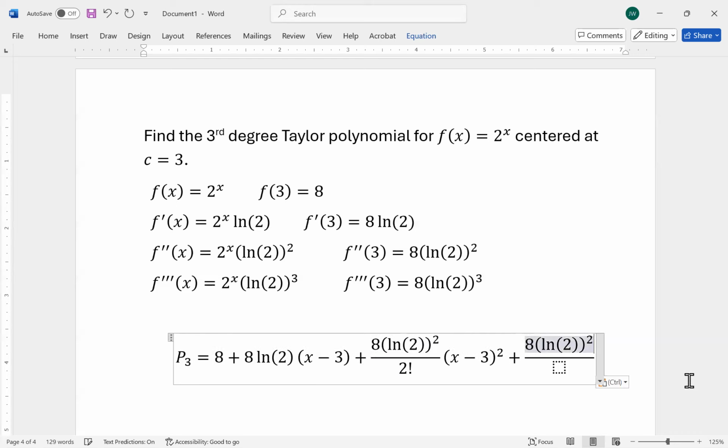Denominator is going to match up with the exponent. So in the next one, denominator is going to be 3 factorial. We're going to have x minus 1 raised to the third power.